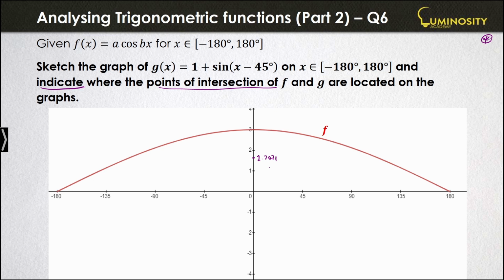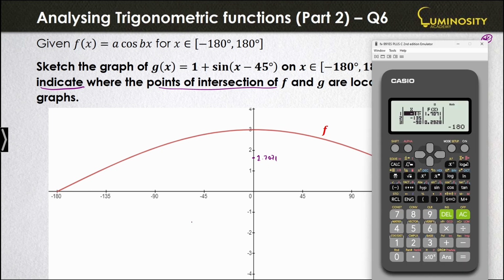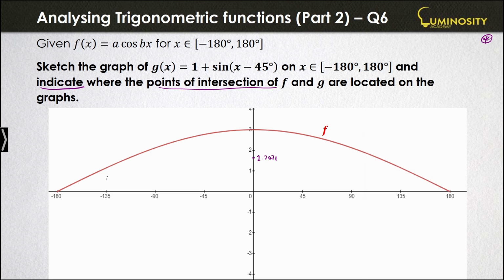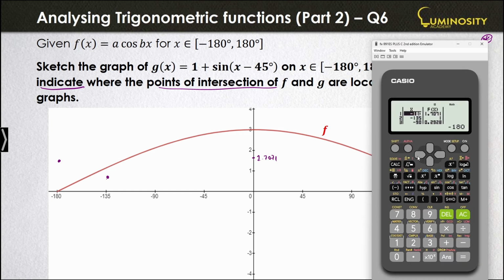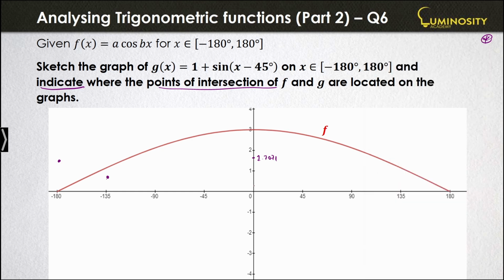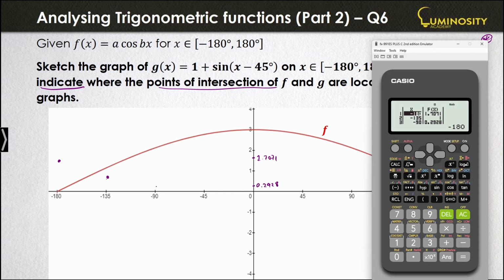Then -135 degrees gives us +1. So that's over here. All right, then we're going to have -90 degrees being 0.2928, which is quite low. It's over here. So at -90 degrees, that's the y value.